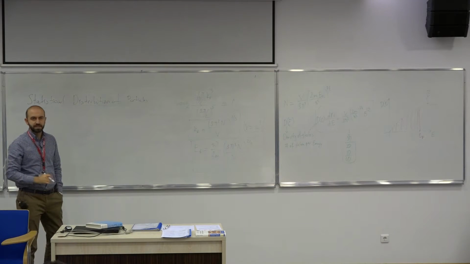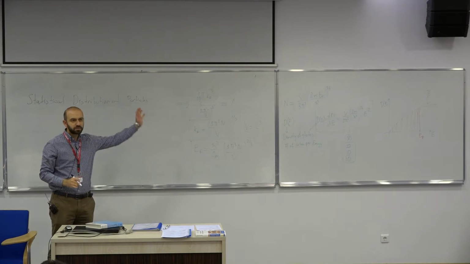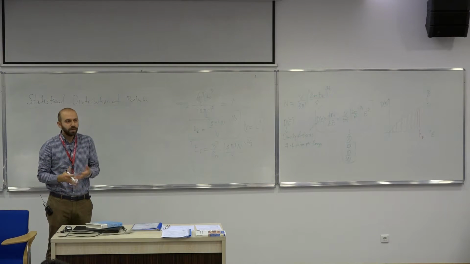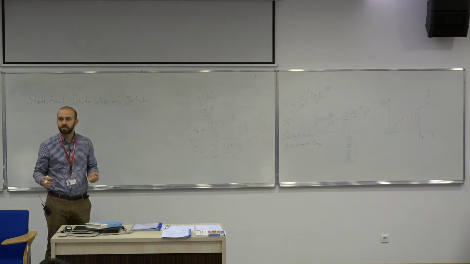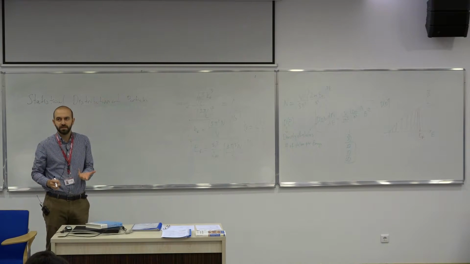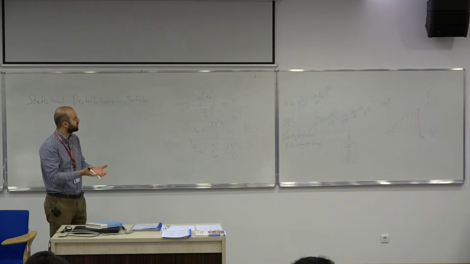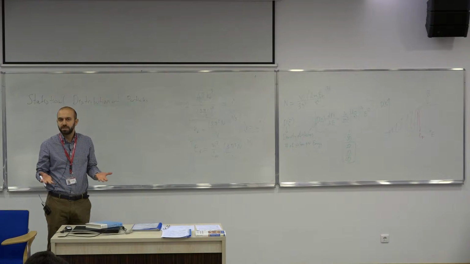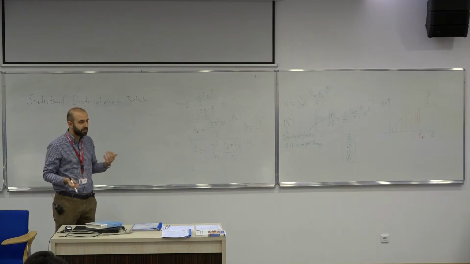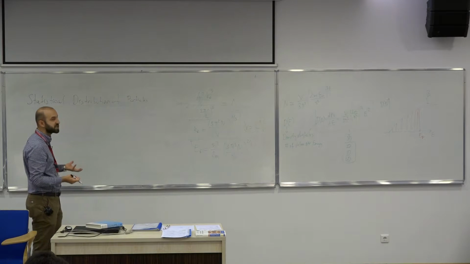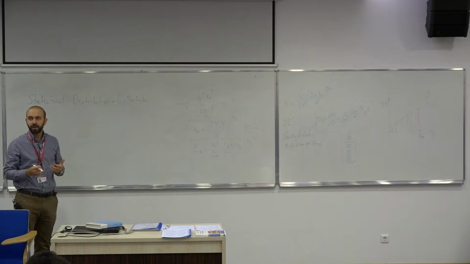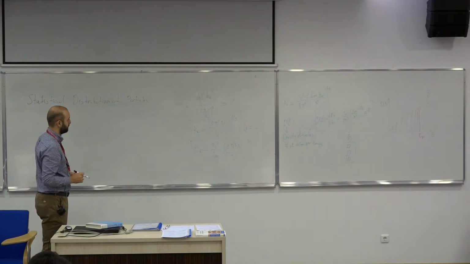Now, if you have noticed, there is no temperature in any of the things that we have done so far. We are dealing with objects sort of like they are at 0 Kelvin. We don't have any temperature expression that goes into any of our formulas.